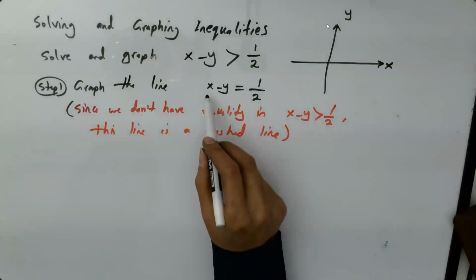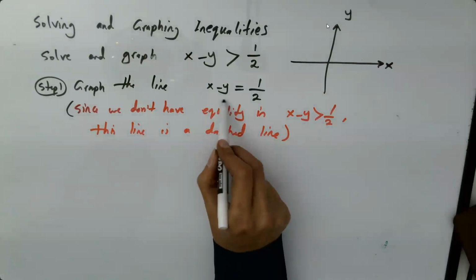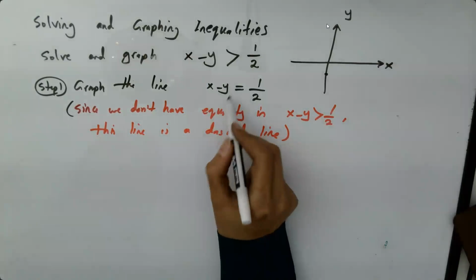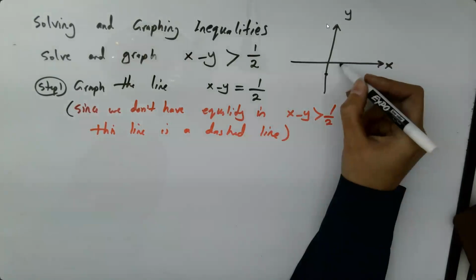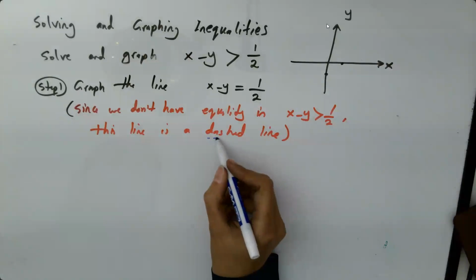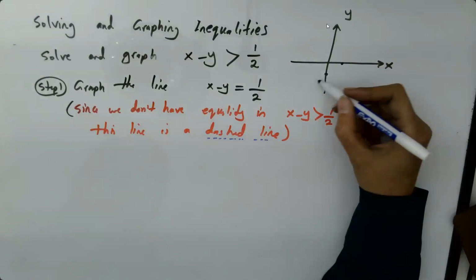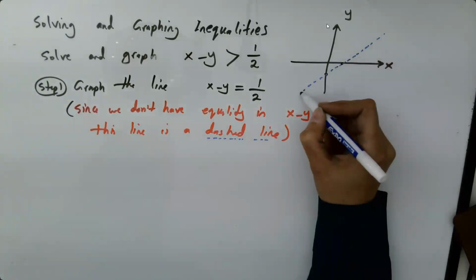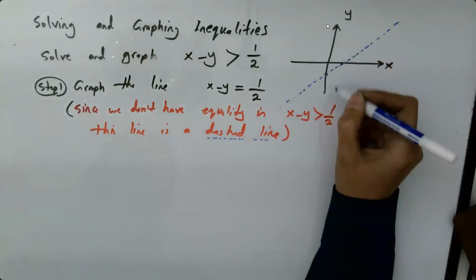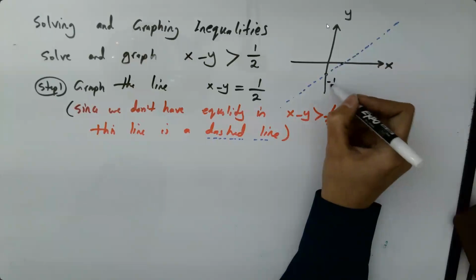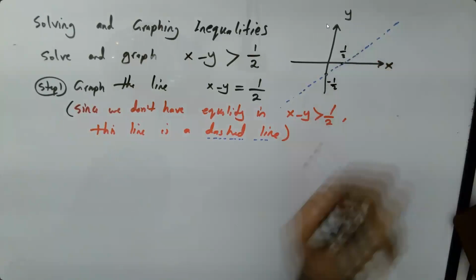So if I plug in 0 for my x, my y is negative a half. It's going to be here. If my y is equal to 0, my x is a half. This guy is going to be here. Let's connect this together and remember that it's going to be a dashed line. So when you're connecting these two points, it is a dashed line. Okay, very good. You have negative a half and you have a half as your x.